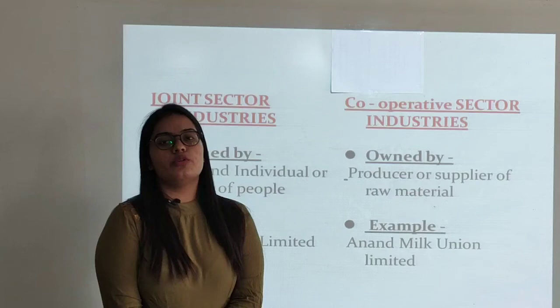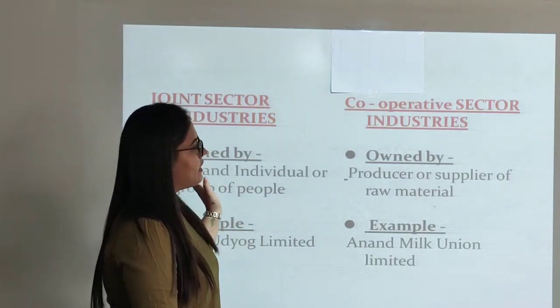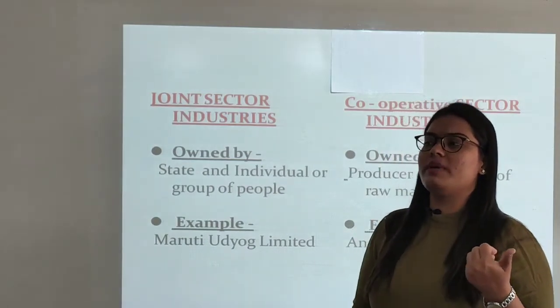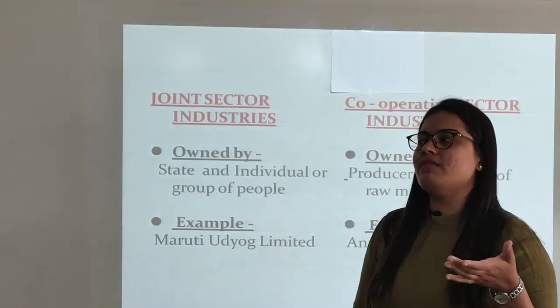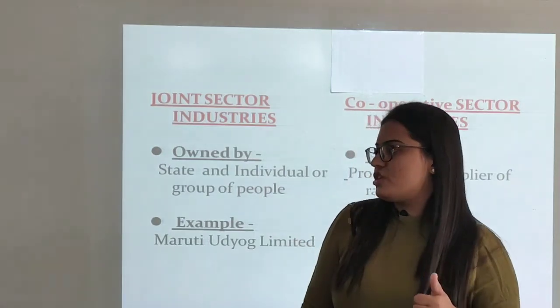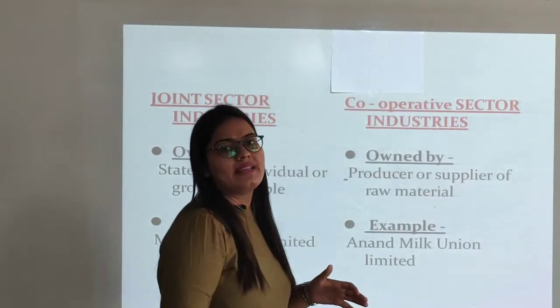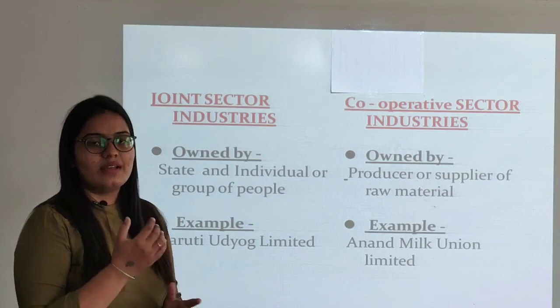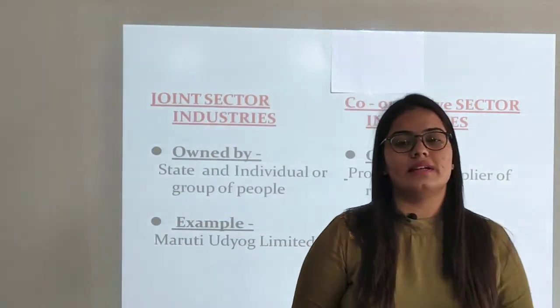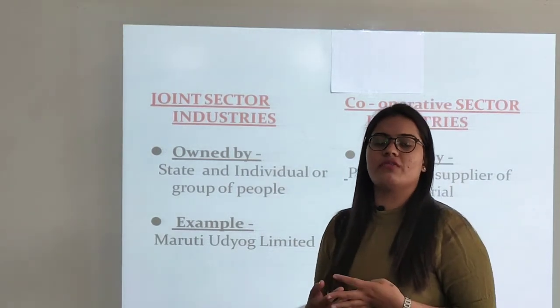So today we have discussed various forms and classifications of industries. The first one was on the basis of raw material, the second one was on the basis of size, the third one was on the basis of ownership. On the basis of raw material, there are 4 types of industries: agro-based, mineral, forest, and marine.